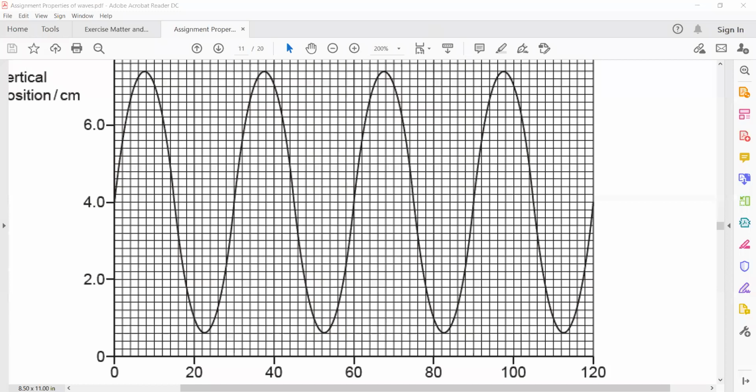Amplitude is actually the distance from the mean position to the extreme position. You can see in this question, the wave is not actually starting from the origin.